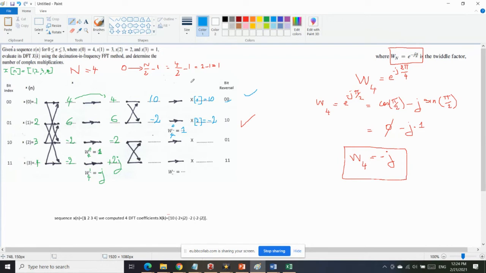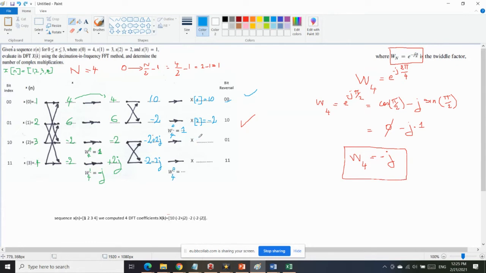Alright, what about the lower one, the lower half? So this will be minus 2 plus 2J. And تحت is going to be minus 2 minus 2J. And then we have to multiply it with the twiddle factor to the power of 0. So this one stays the same.